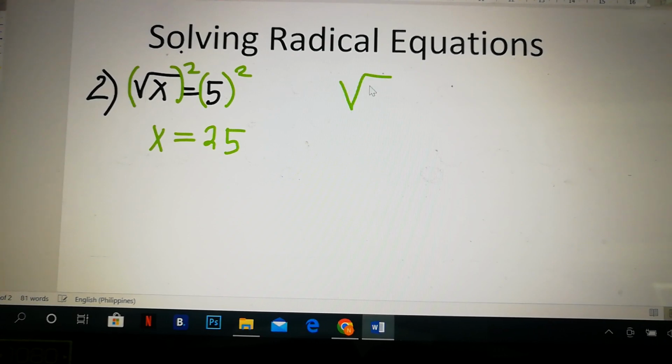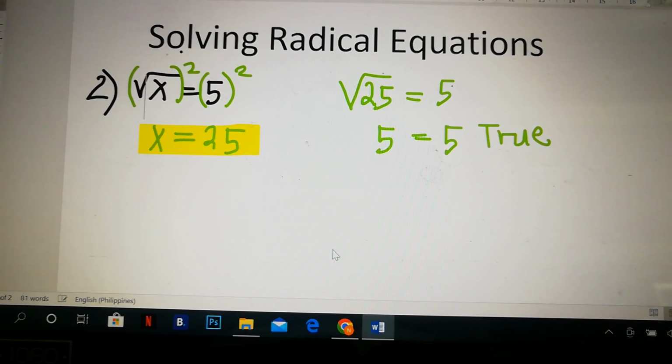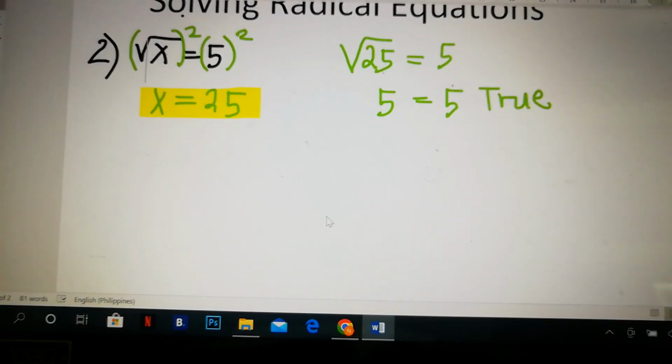Square root of 25 is equal to 5. 5 is equal to 5. Since this is a true statement, you can conclude that your answer, x is equal to 25, is the right answer.